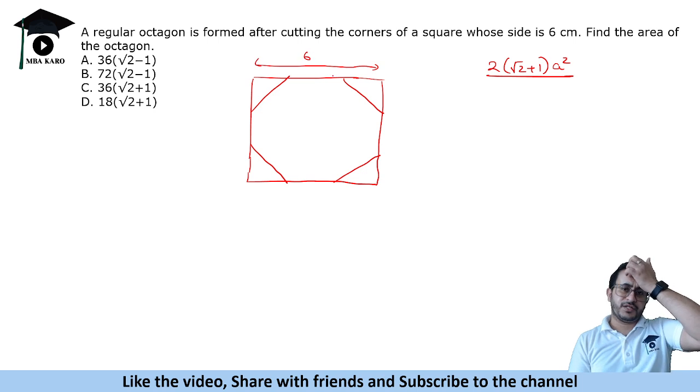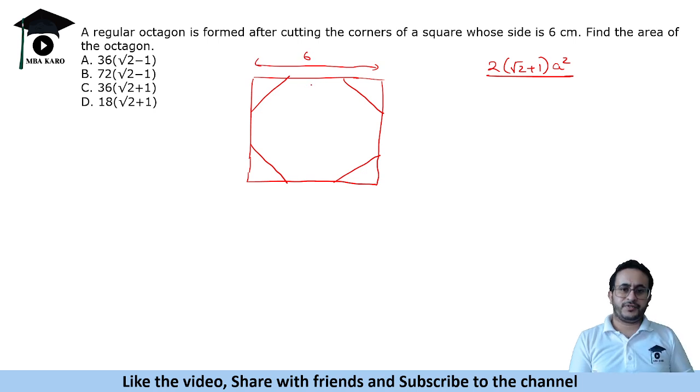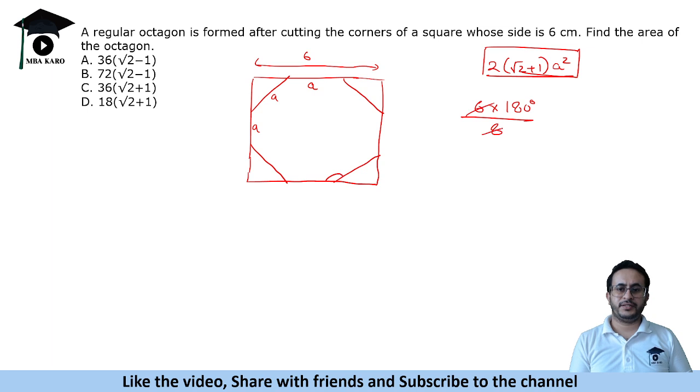Let us say the length of the side of the octagon is A. Okay, so all sides are length A. Octagon has 8 sides, so the sum of angles is 6 into 180 degrees. So this angle is 6 into 180 by 8. That is 3/4 of 180, which is 135 degrees. So if this is 135, that means this angle is 45.